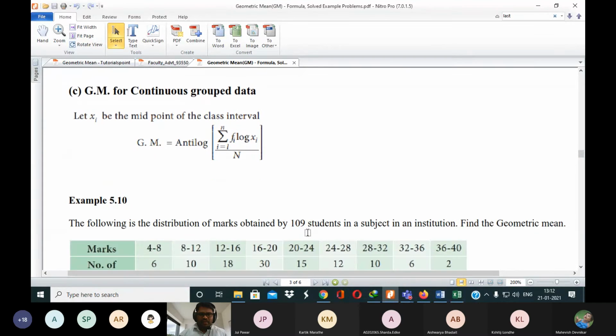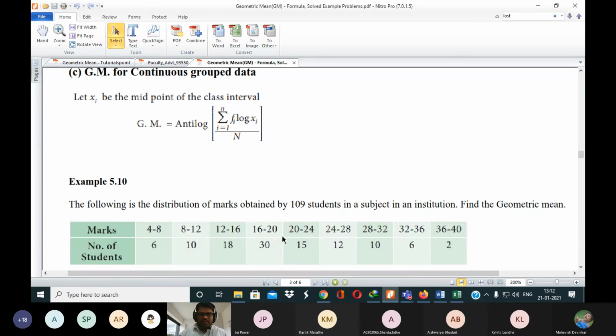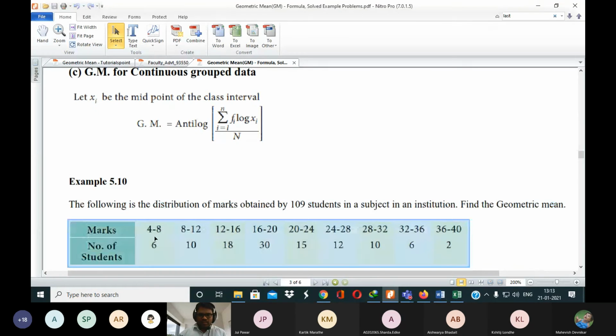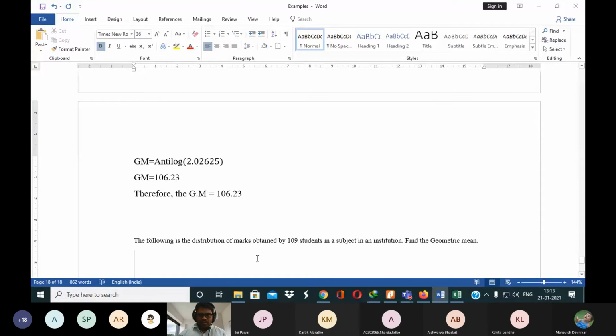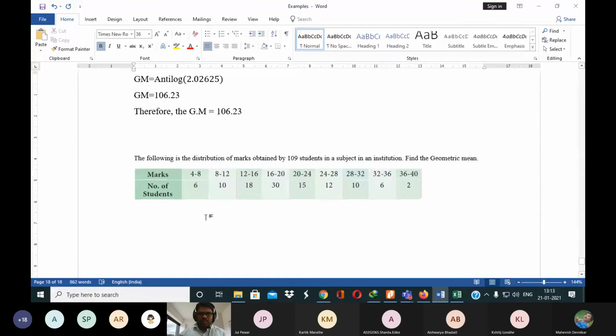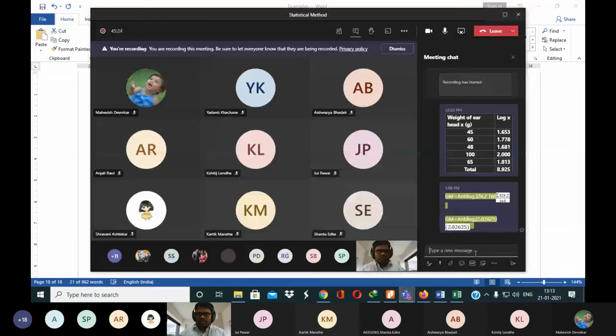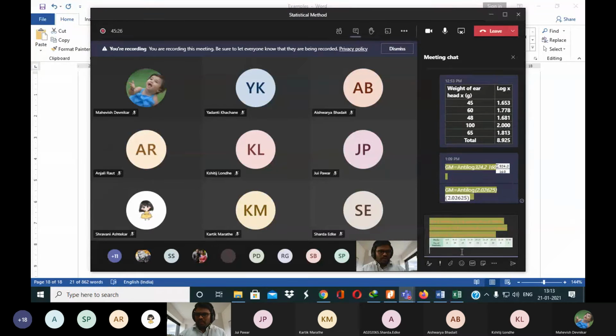You can compute the geometric mean of the given data set. This data is given to you. Just try to solve this problem and give me the answer immediately.